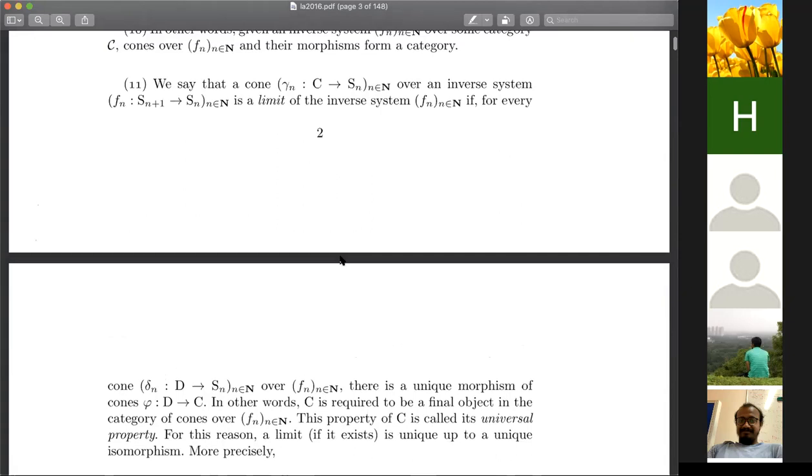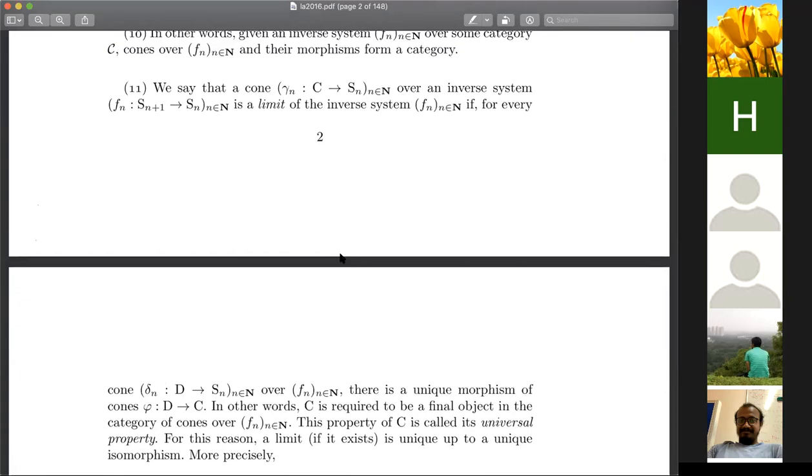So let me just repeat what I just said. You have a category C, then you have the category of inverse systems of objects of that category. You fix an inverse system, then you have the category of cones over that inverse system.